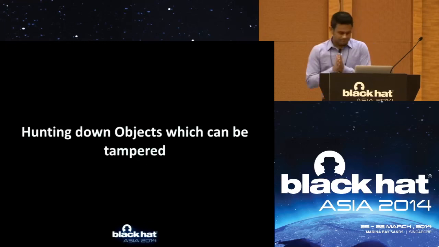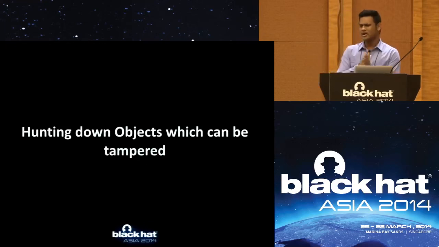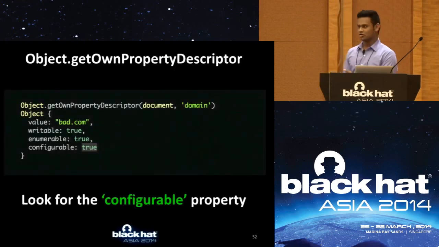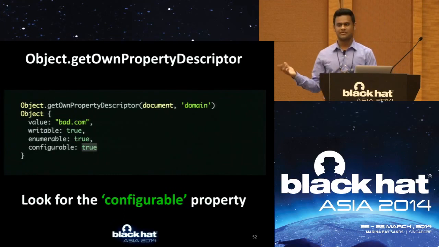So with that being said, how do we hunt down these kinds of things, especially the things we talked about? How did I find that even document.domain can be spoofed? There is something called Object.getOwnPropertyDescriptor. It's an ECMAScript 5 specification.